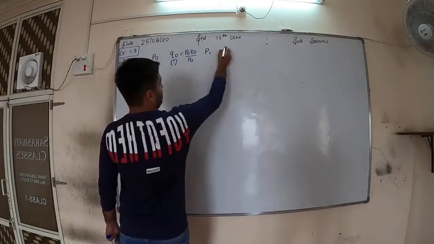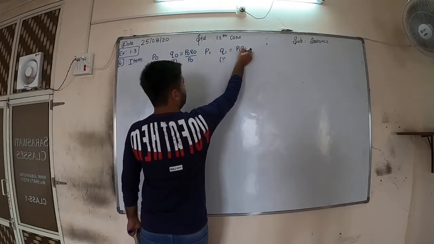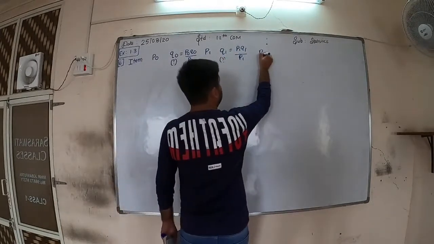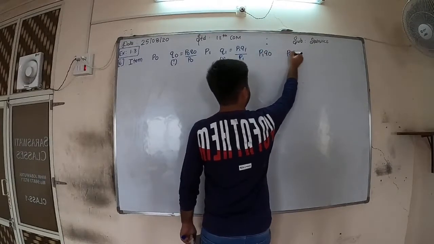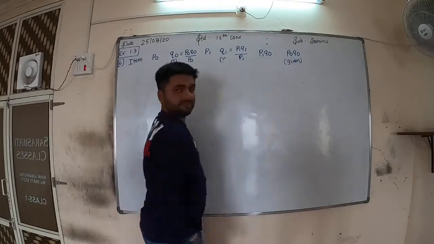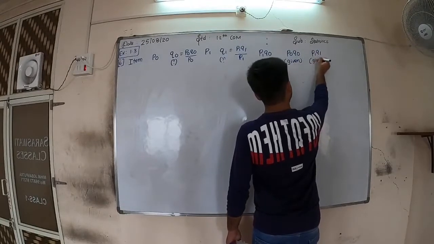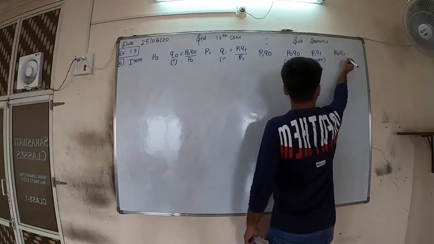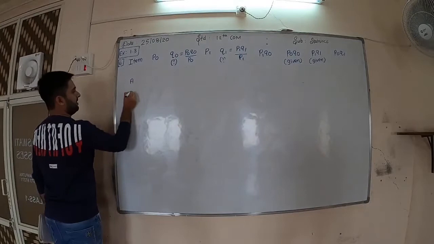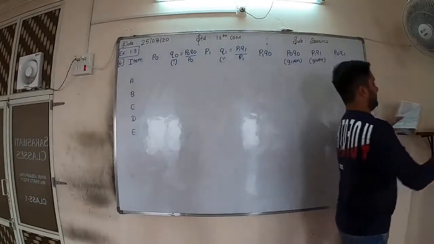Now P1, then Q1 is missing, so question mark, P1 Q1 divided by P1. Then our four columns: P1 Q0, then P0 Q0, and in brackets write given, as this is not given and this is given. Then P1 Q1, again write given, then P0 Q1. In such a way the columns are to be made. 5 items, A, B, C, D, E. I will draw the lines.